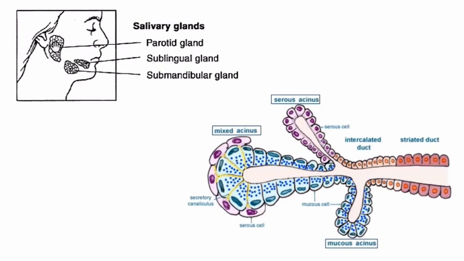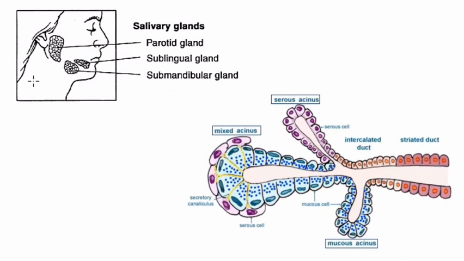This digestion starts in the mouth and continues for a short time in the stomach before the gastric juice acidifies the food and decreases the amylase activity.